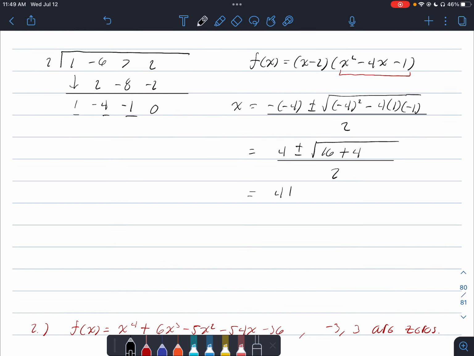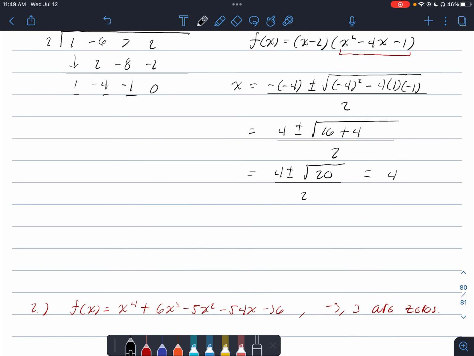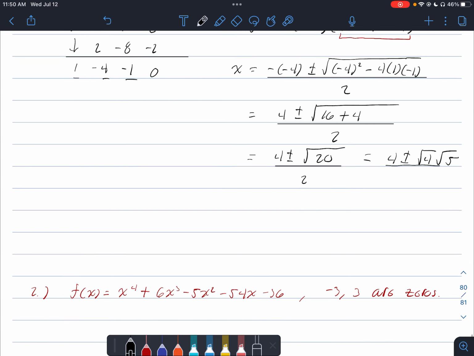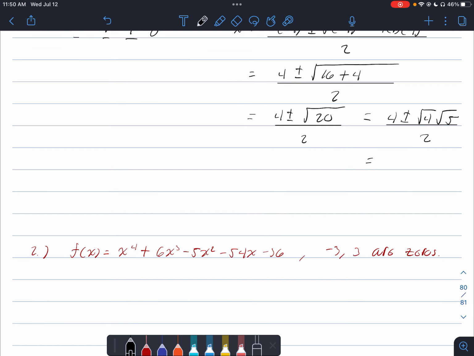So we have 4 plus or minus the square root of 20 divided by 2, which is equal to 4 plus or minus the square root of 4 times the square root of 5, all divided by 2. Or we have 4 plus or minus 2 times the square root of 5 over 2.